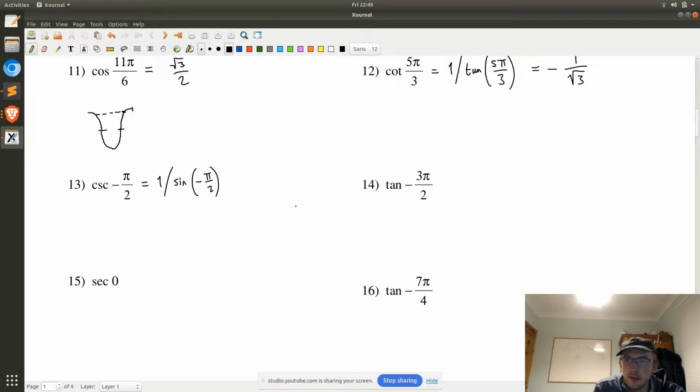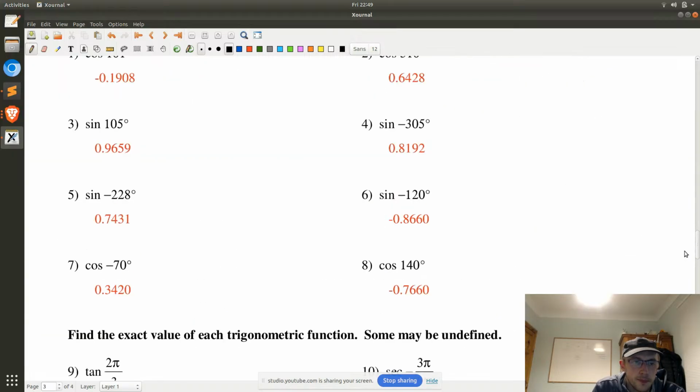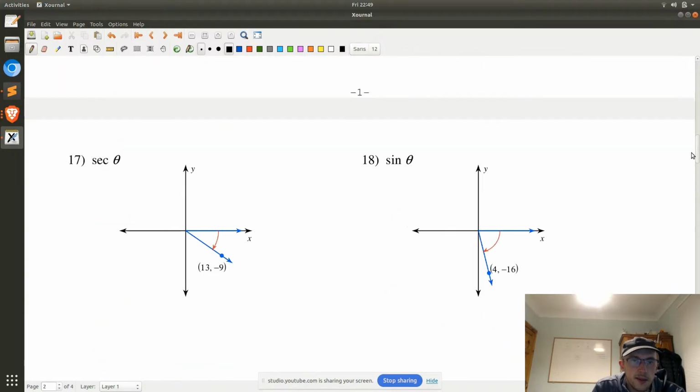And so negative pi over 2 is negative 90 degrees. And that's going to be negative 1. So it'd be negative 1. Yay.